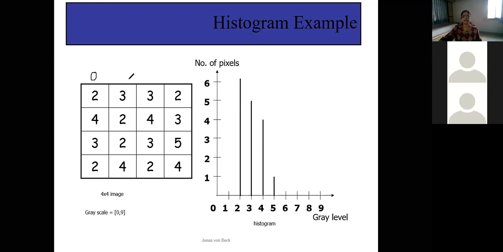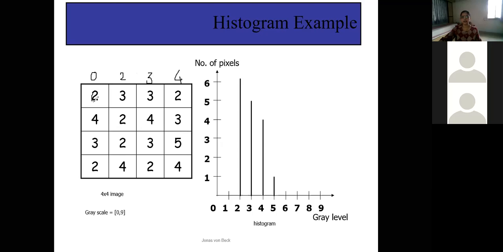Then all pixels from the second column take value 2, the next column has all pixels with value 3, and the last column has value 4. Again, you will have equal pixels belonging to each gray shade, and for all the gray levels you will get the same peak value.